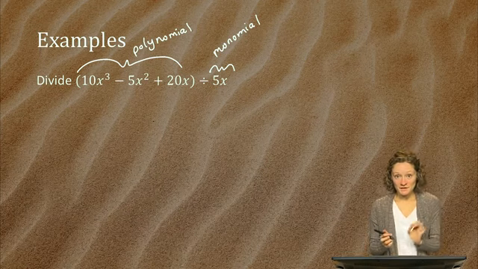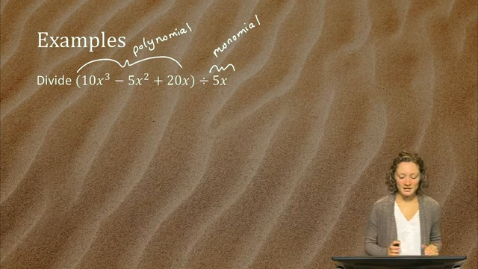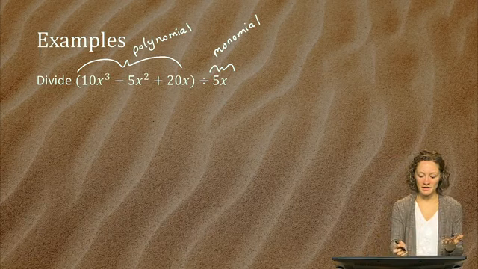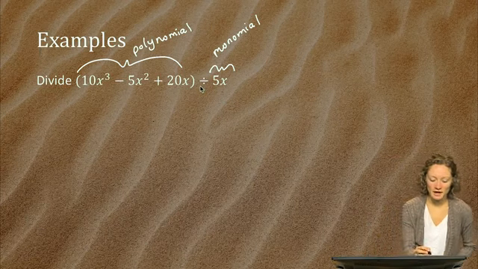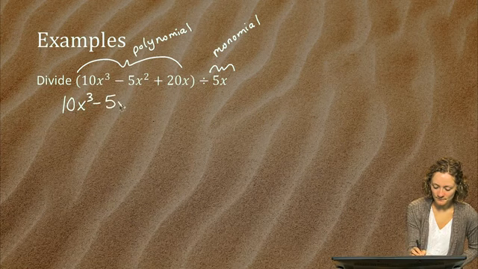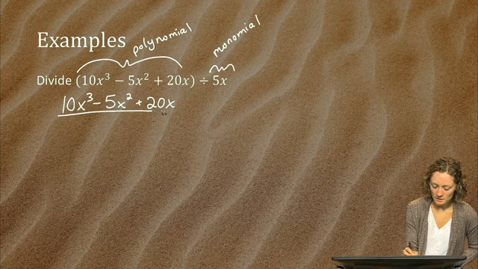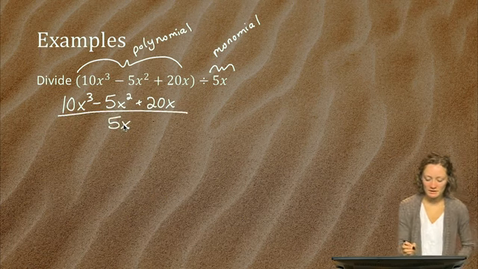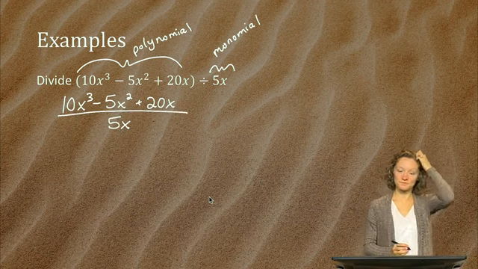Another way of viewing the division symbol is as a fraction. Sometimes it's preferable to see it with the sign itself, sometimes as a fraction. In this case, as a fraction will be better. The whole thing is divided by 5x.